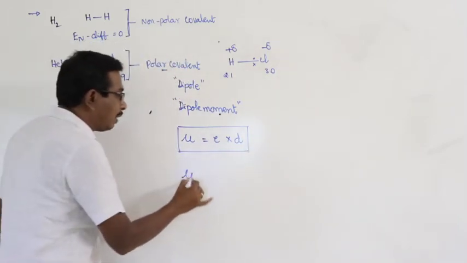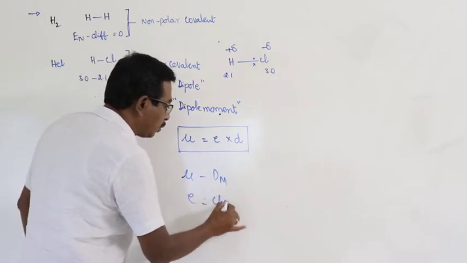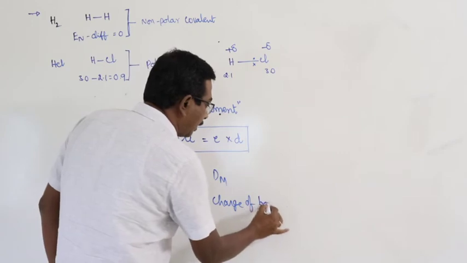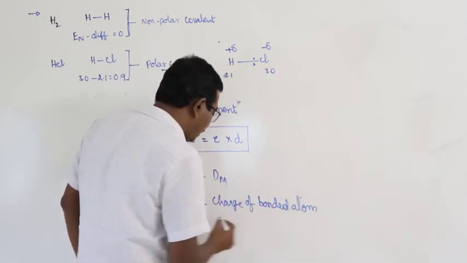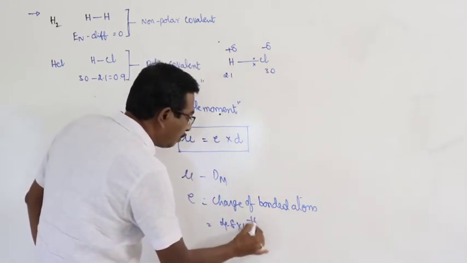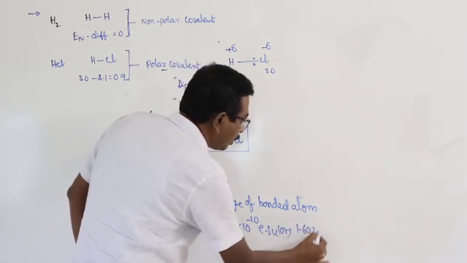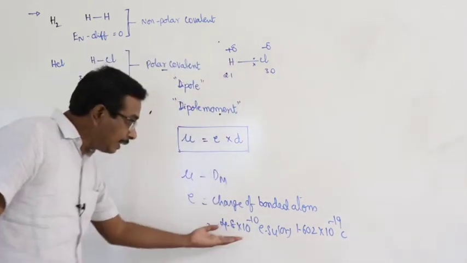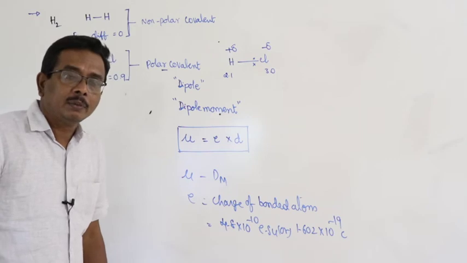Here mu is equal to dipole moment, E is equal to charge of bonded atom. Here partial charge, that is equal to 4.8 into 10 to the power of minus 10 ESU or 1.602 into 10 to the power of minus 19 coulombs. This is nothing but the charge of electron or charge of proton, whatever it may be.